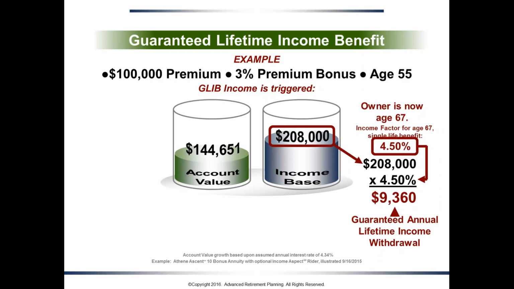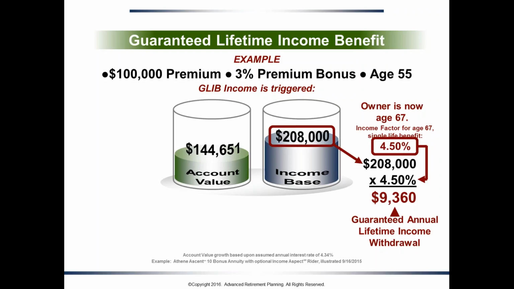It's very simple. Now remember that these income benefit factors are not the same for every carrier or even every product within a carrier's lineup. Each product will have a different set of income benefit factors for a different set of ages. And most products, really all of them, will also allow a joint life factor as well.